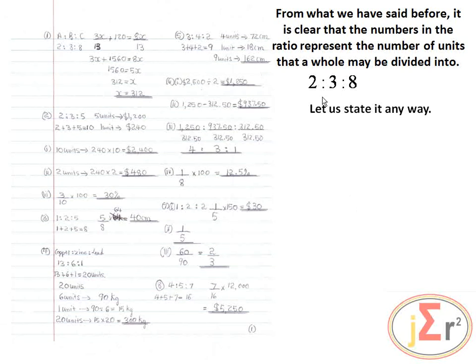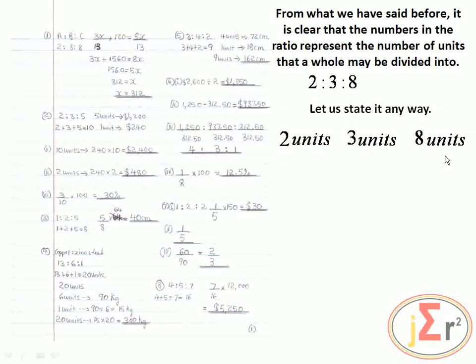So we have the ratio right here, and this one gets 2 units, this one will get 3 units, this one gets 8 units. It is obvious, but we are mentioning it or placing it on the slide that we may make a reference to it as we progress.